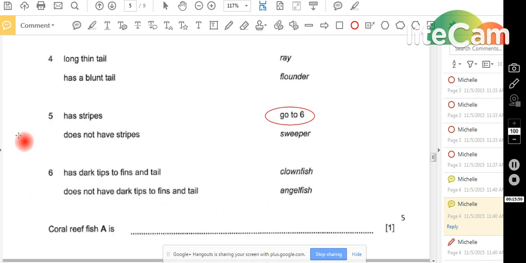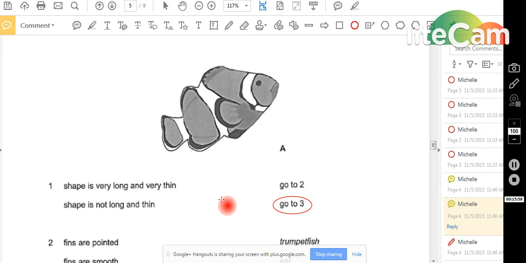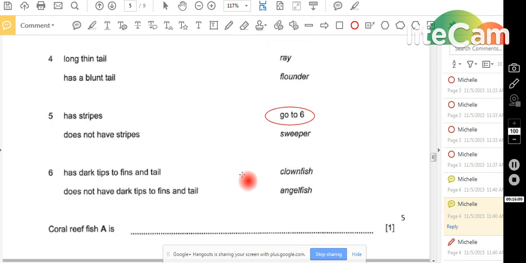Then it says it has dark tips to the fins and tail, or it does not have dark tips to the fins and tail? It does. So then what fish is it? Your clownfish. Yes. Okay. So these are very simple, but you need to read carefully and look carefully at the picture given to you.